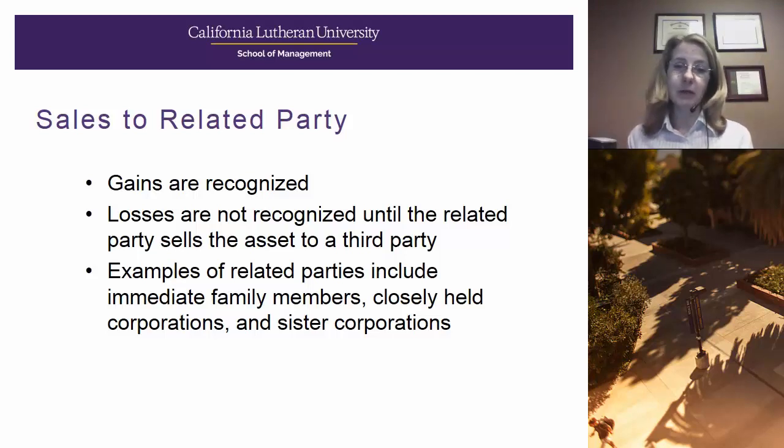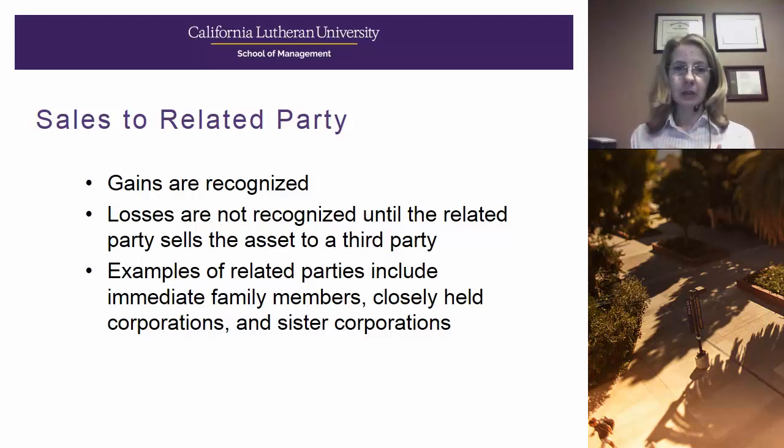But also remember that the closely held corporations, the LLCs, the partnerships, the brother-sister corporations, any of those entities that your relatives own or that you own, those are considered related parties too. And so those losses are deferred until the property leaves the family unit.